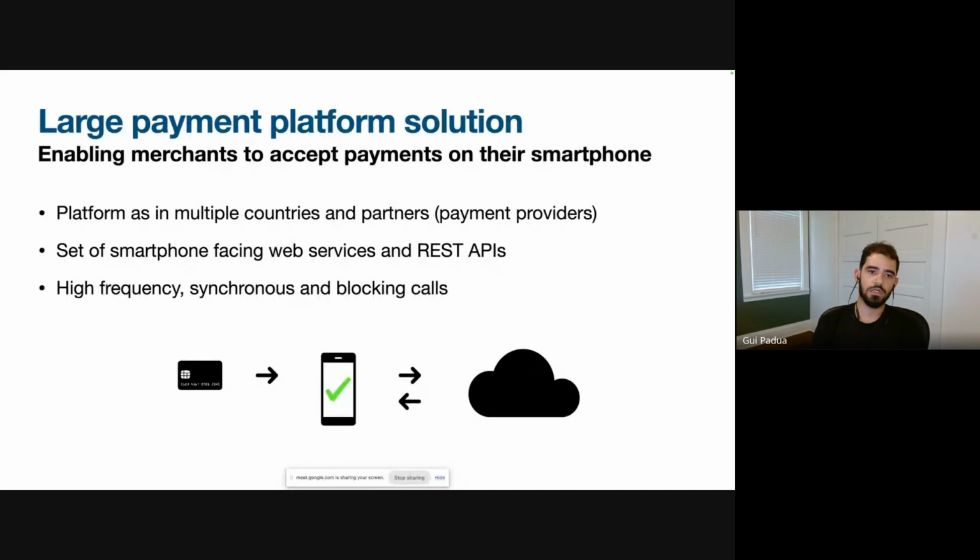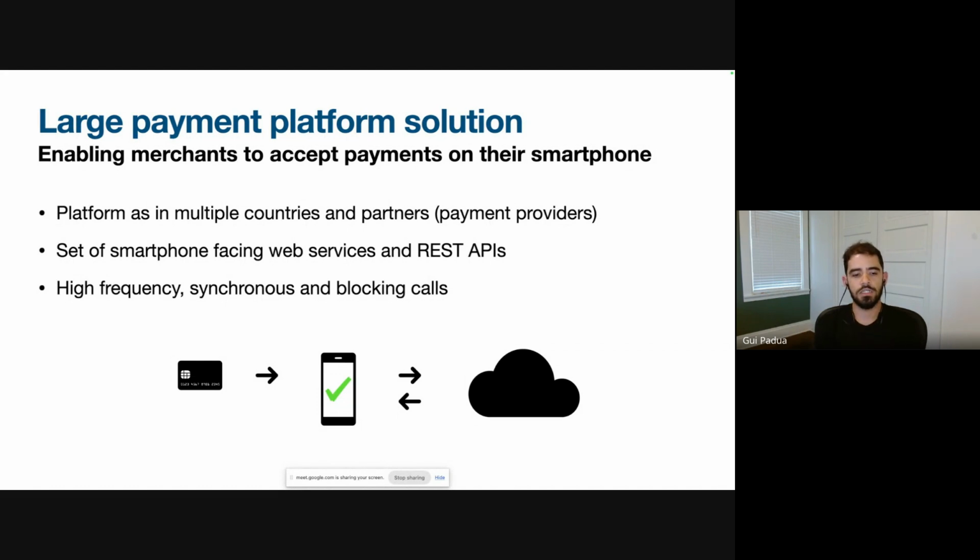We were enabling merchants to accept payments on their smartphone. And why I say platform is because it's not a single specific product like Square, let's say. Square could be one of the partners using the solution. So there could be hundreds of partners in many countries. It's just to give an idea of the size. And I'm thinking here of millions of merchants using the solution.